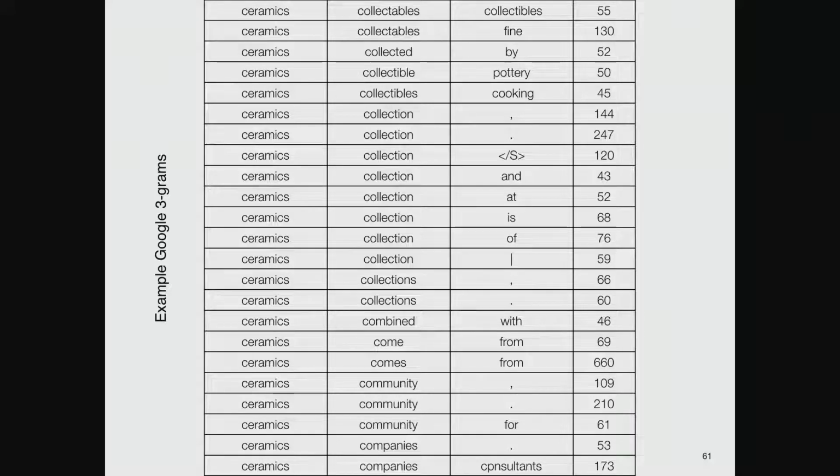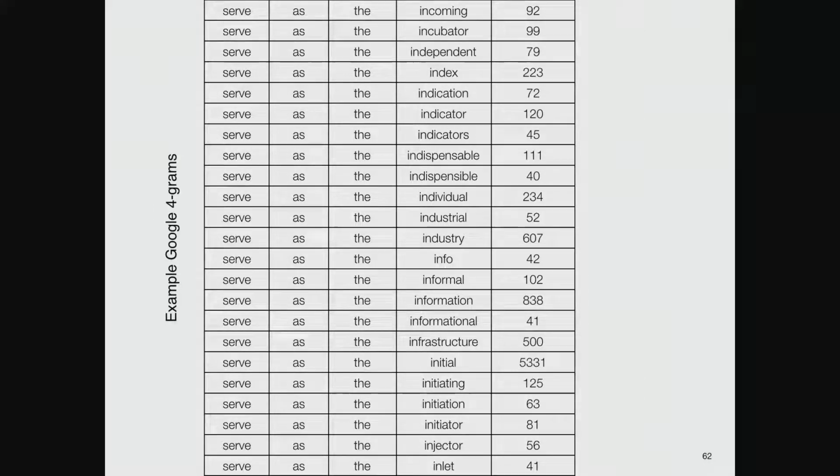Ceramics comes from occurred 660 times, which is a reasonably large number compared to some of its competitors here. If you look at 4 grams, you see things like serve as the incoming, 92 times, serve as the index 223 times, serve as the initial 5,300 times.